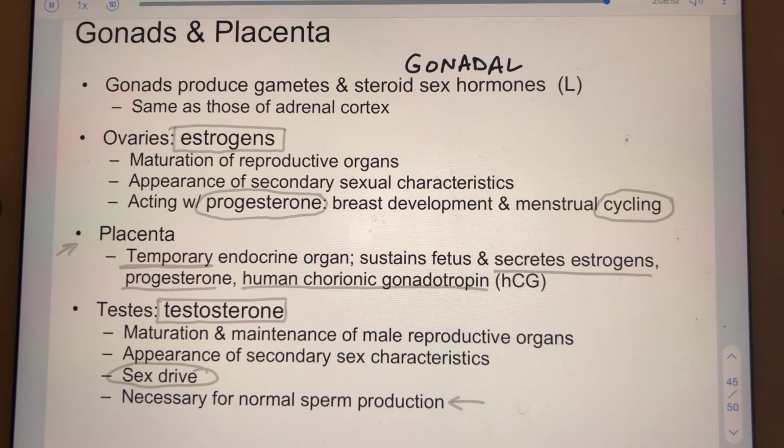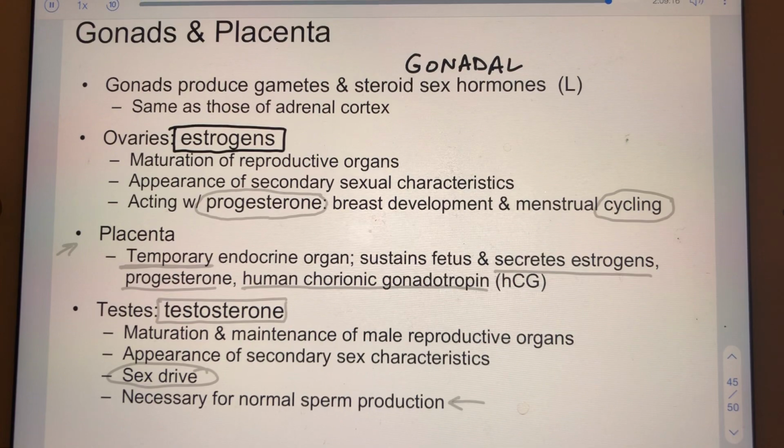In ovaries, the main gonadal hormone being made are the estrogens. There is no one hormone that is best called estrogen. Estrogens, it's a whole group of estrogen-like hormones, okay?